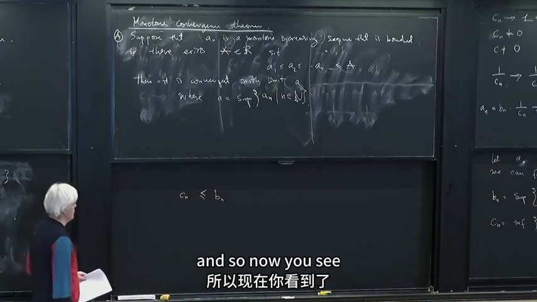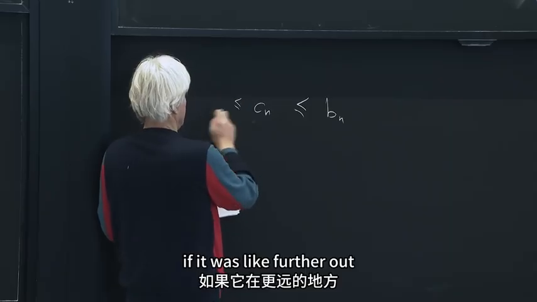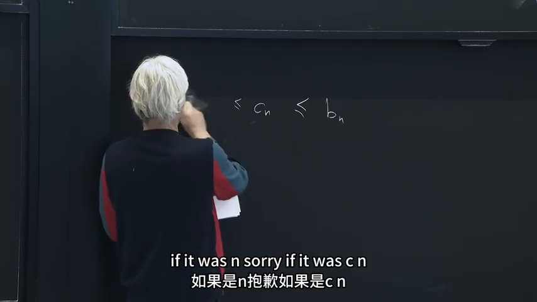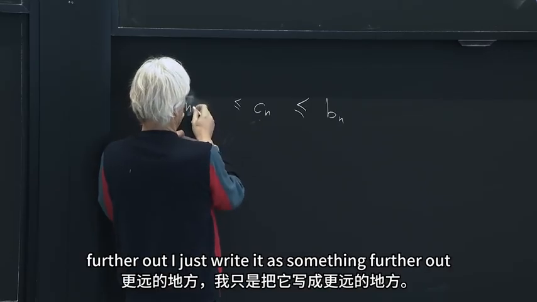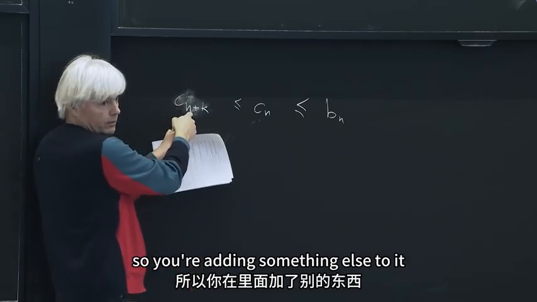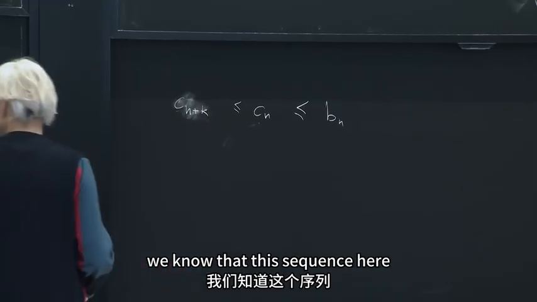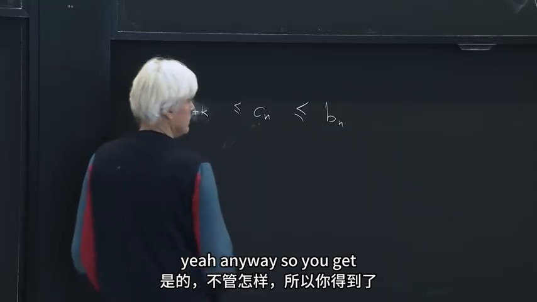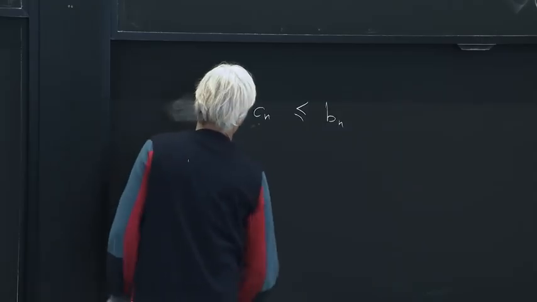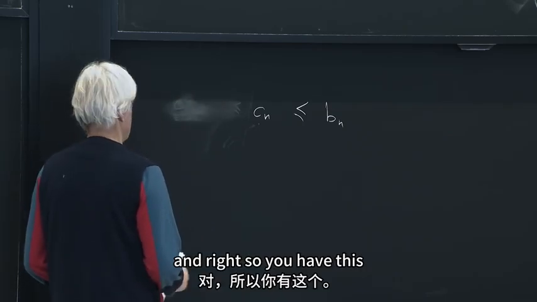And so now you see that if you take a random element here, if it was further out, you're adding something else to it. So this would be further out. We know that this sequence here, anyway, now you're getting this.